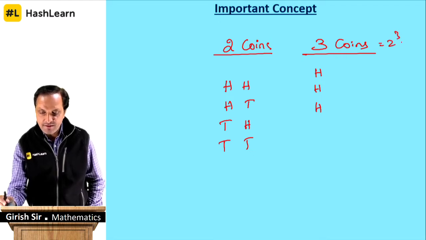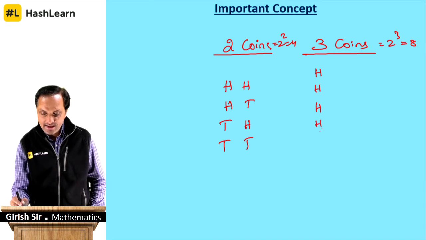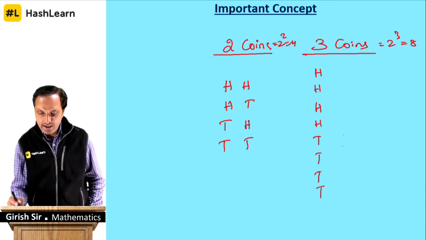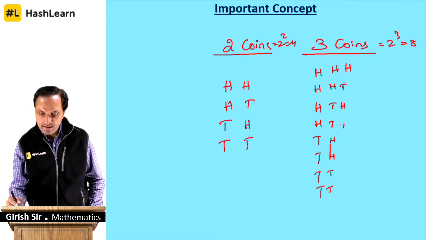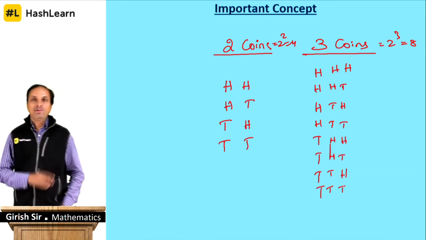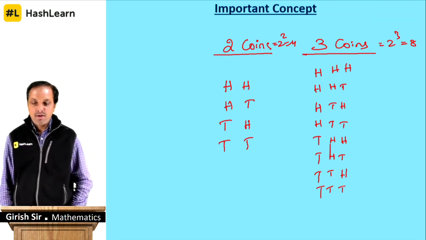Remember this, 2 power 3, which is 8 outcomes. Here 2 power 2, 4 outcomes. Head head tail, head tail head, head tail tail, tail head head, tail head tail, tail tail head, tail tail tail. So I say total 8 possibilities you will have when you toss 3 coins.